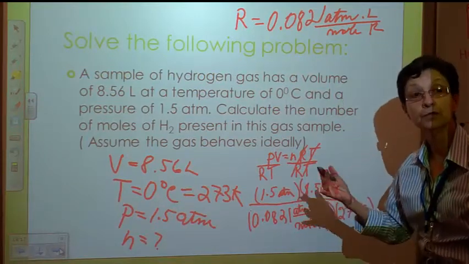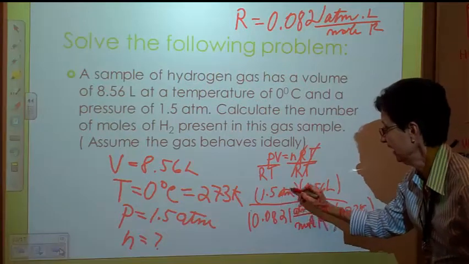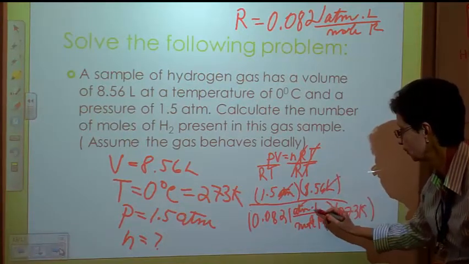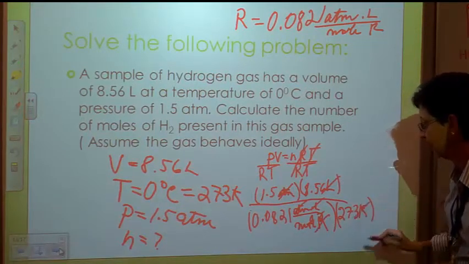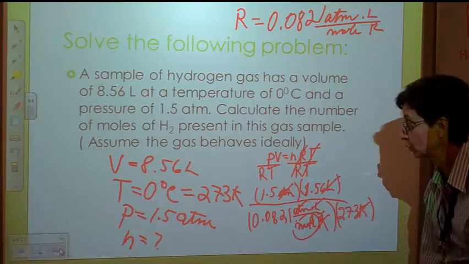To see if we are correct, we're going to go ahead and do the cancellations. atm cancels atm. Liters cancels liters. K cancels K. We are left with moles. That's exactly what we're looking for.